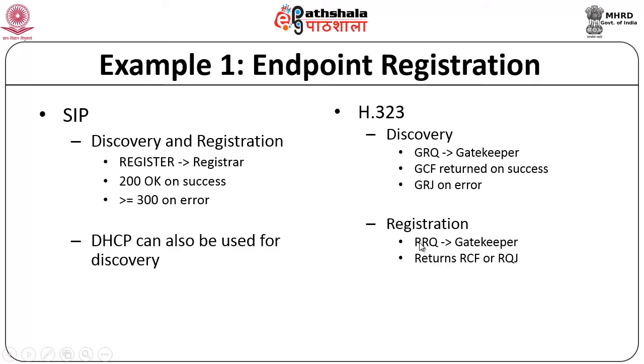For registration, we have a separate set of messages. You have a registration request message sent to the gatekeeper, which returns either registration confirmation or registration reject. So you can see that there are two different sets of messages that need to be sent in H.323 for discovery and registration, whereas in SIP it's just one single register message.